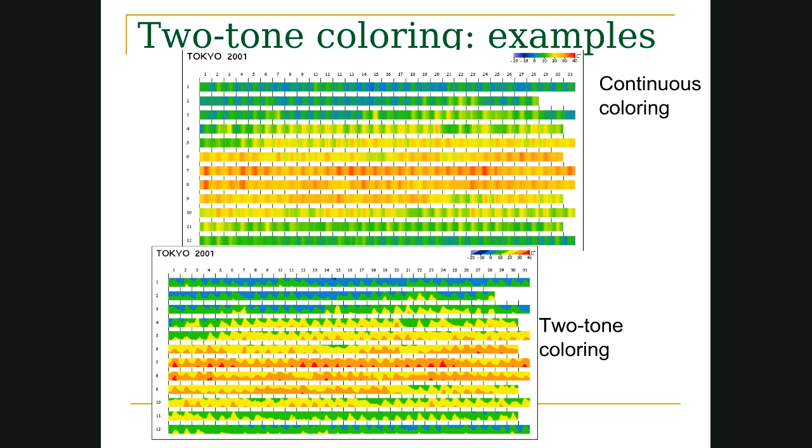And here is an example, Tokyo 2001 temperatures. The top one is using the continuous coloring. Obviously in the summer it's hotter, and every day and every hour is represented there. But if you look at two-tone, you start seeing the temperature in the middle of the day go higher.